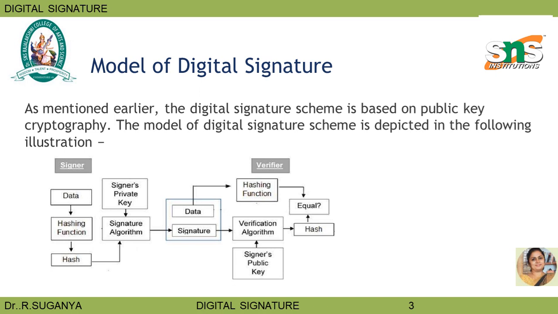We can see here the signer and the verifier. The signer has the data, which is put through a hashing function, and then the signature algorithm uses the private key. The signature is then verified by the signer's public key, and it checks whether the hashes are equal or not by using the hash functions.